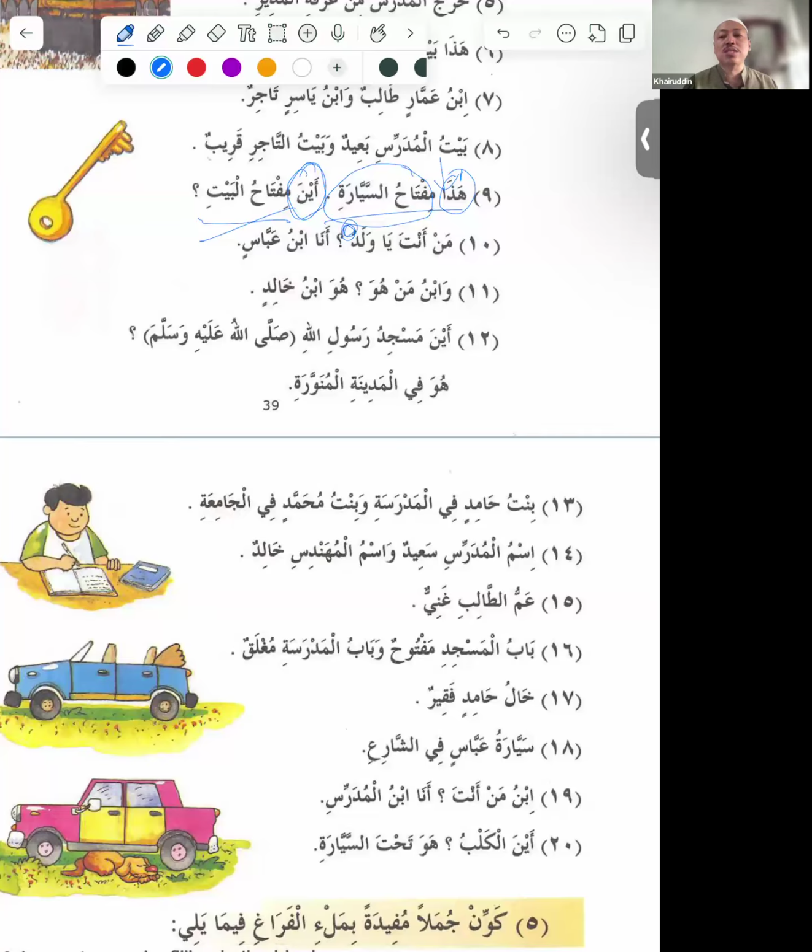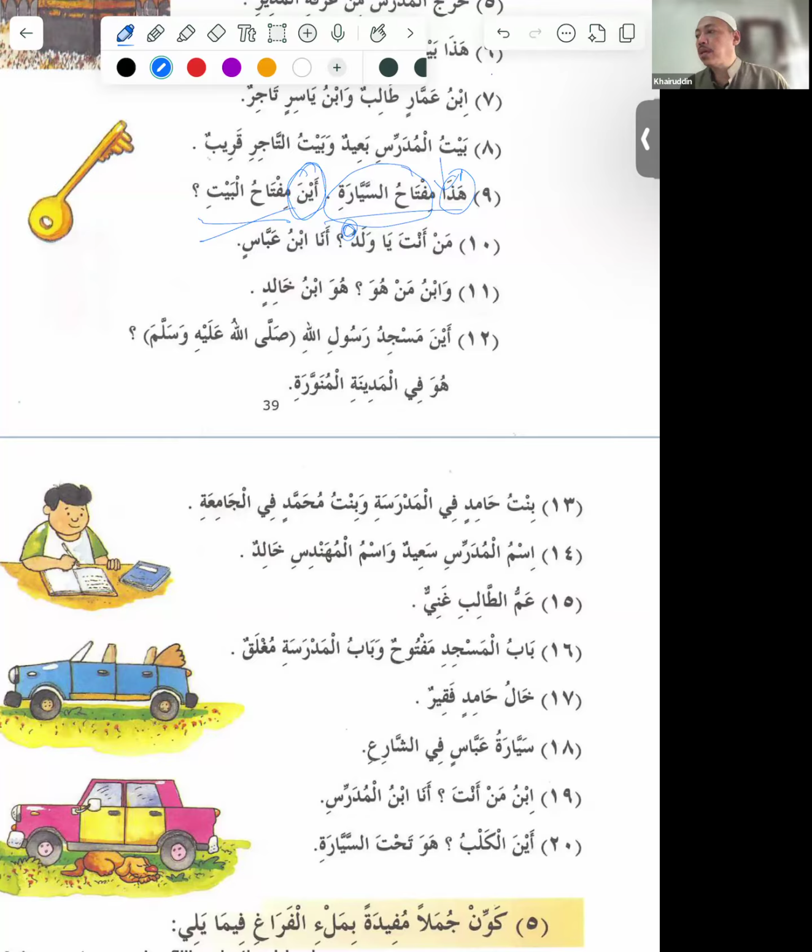He's introducing them progressively, and in every sentence you read, you will notice something you've not been introduced to before in our lessons. So here he's asking, Aina masjidu rasulillahi.